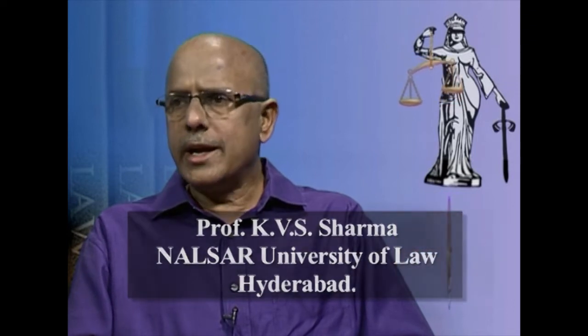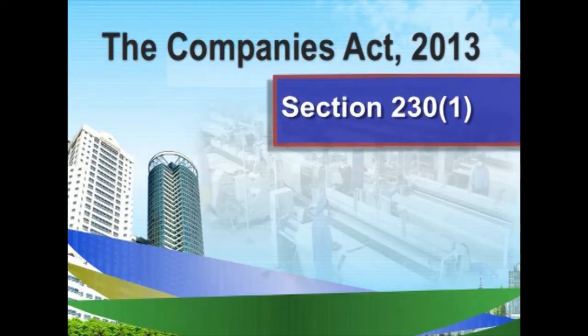Thus, the term arrangement has a much wider connotation than compromise, as it includes rearrangement of rights and liabilities of shareholders and the company without existence of any dispute. A scheme of arrangement modifying the rights of shareholders can be brought under Section 230, subsection 1 of the Companies Act 2013.